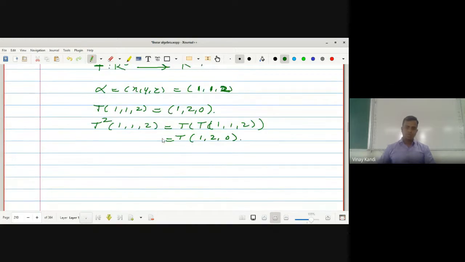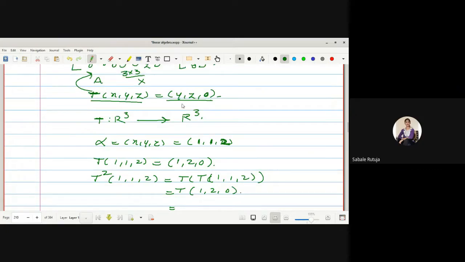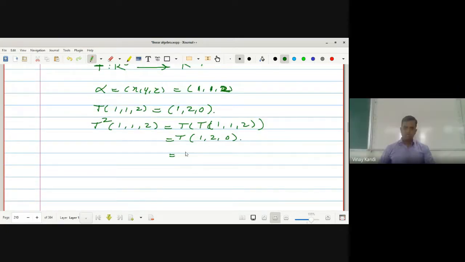Okay, हा कसा मॅप होतोय पुन्हा? X maps to Y, Y maps to Z, Z maps to 0. Is it correct? हा माझा झाला T square of 1 1 2. What is T cube of 1 1 2? That is equal to T of 2 0 0. Is it correct? Yes, sir.